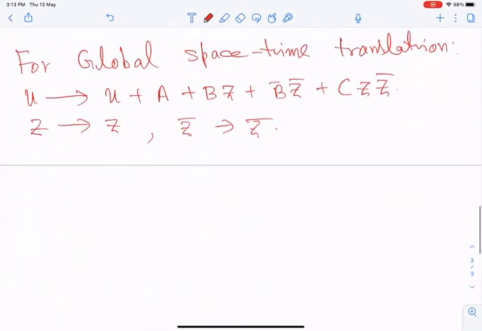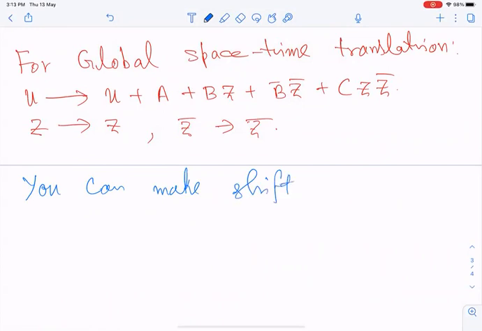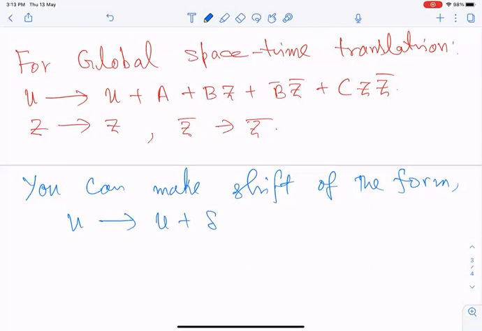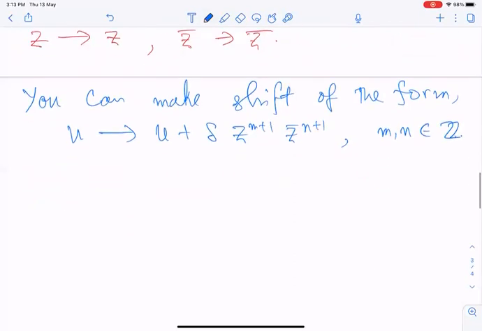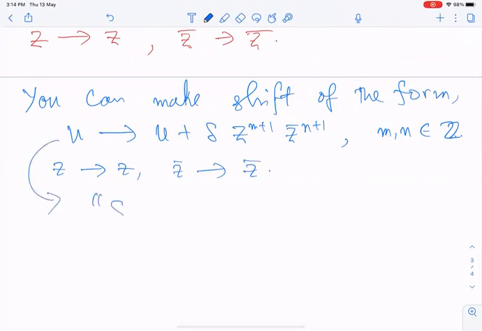So in particular you can have an arbitrary shift, for example, of the form where u goes to u plus delta, where delta is some small number, times some z to the power n plus 1, z bar to the power n plus 1, where m, n are integers. And similarly you don't change z and z bar.